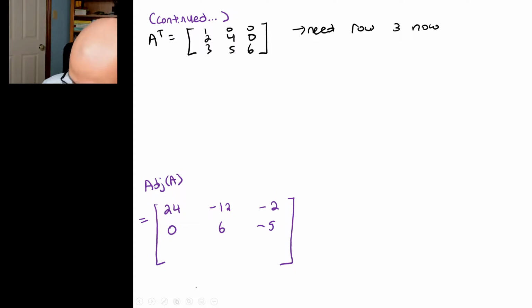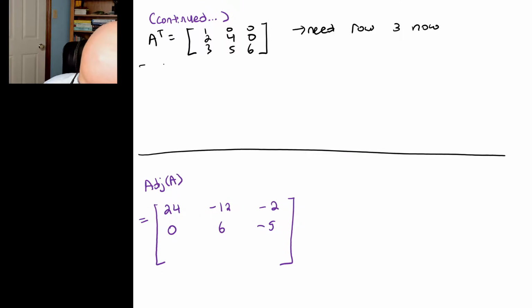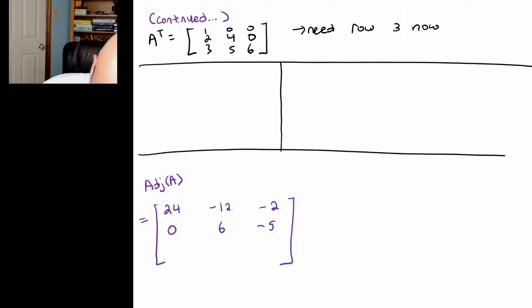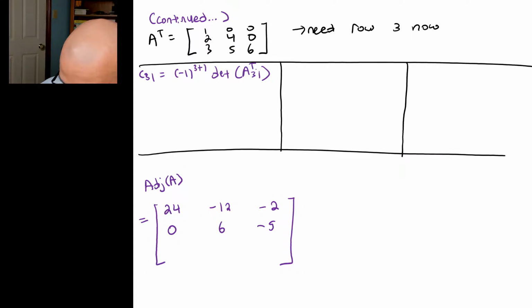So C31 is equal to negative 1 to the power of 3 plus 1 times the determinant of A transpose 3, 1. So negative 1 to the power of 4 times the determinant.